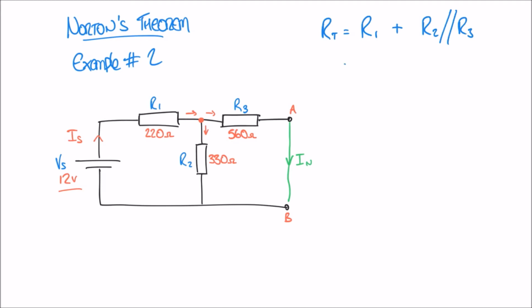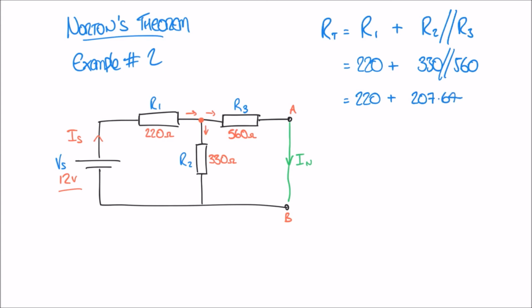But here we know that R1 is 220 plus 330 in parallel with 560. Now, I've worked out 330 in parallel with 560, and I get an answer of 207.64. So my total resistance is 220 plus these 2 in parallel, which I know is 207.64 ohms.